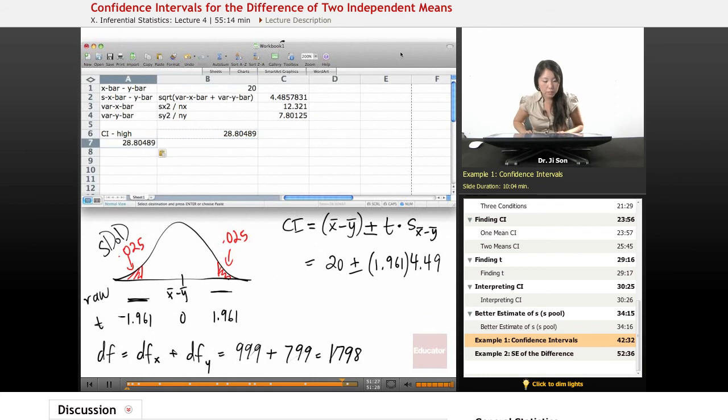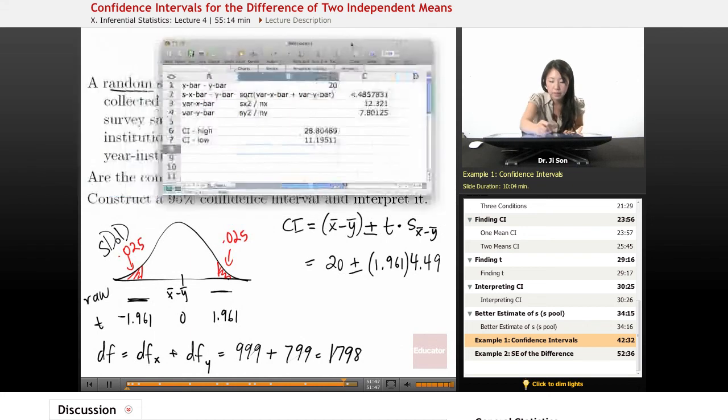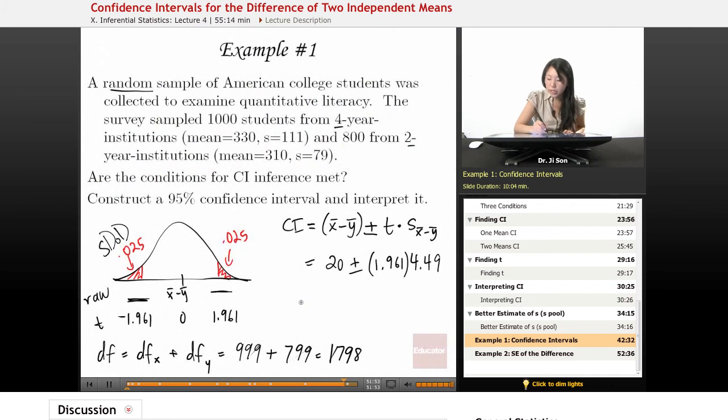And the confidence interval for the low boundary is going to be that same thing, except I'm just going to change that into a subtraction. And so 11.20. So let me move this over. So it's going to be 28.8. Let me put the low one first. So the confidence interval is from about 11.2 through 28.8.